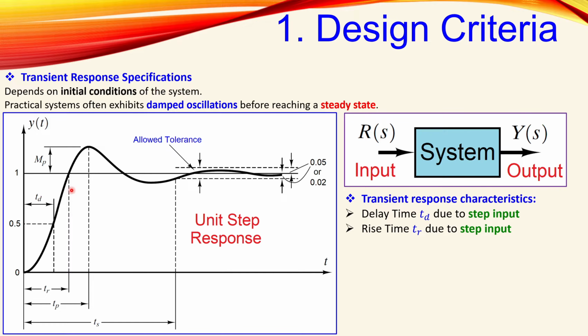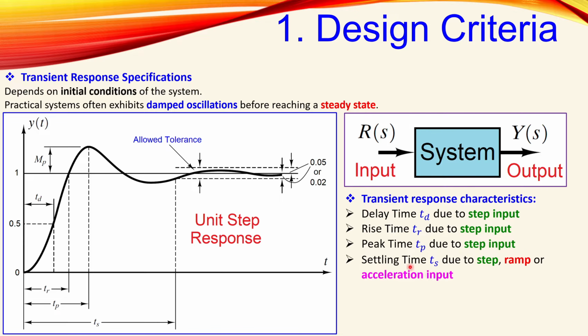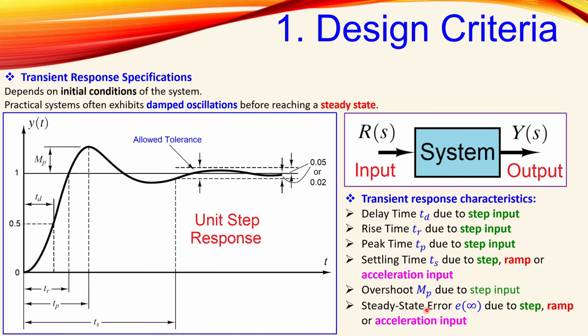We also see the peak time, the time when the first maximum peak is reached, and also the settling time due to step input, or it could be, of course, ramp or acceleration. We have also the overshoot, which is how much you deviate from your steady state value in percentage or as a factor. We have also the steady state error, so how much you deviate from the actual command input signal.